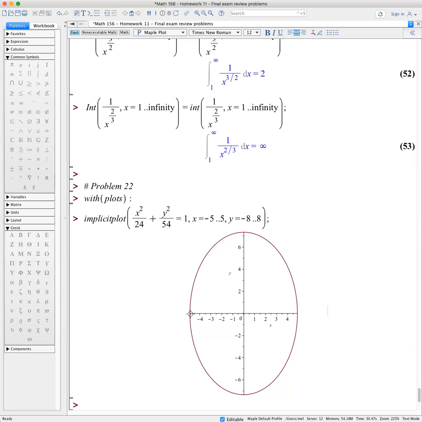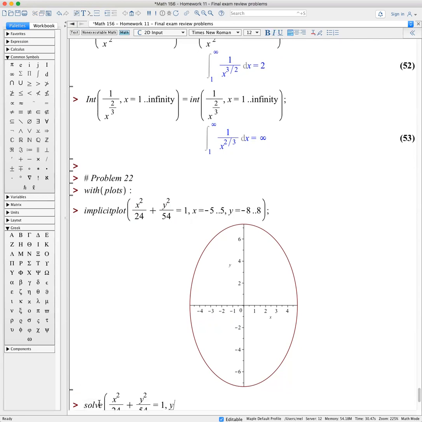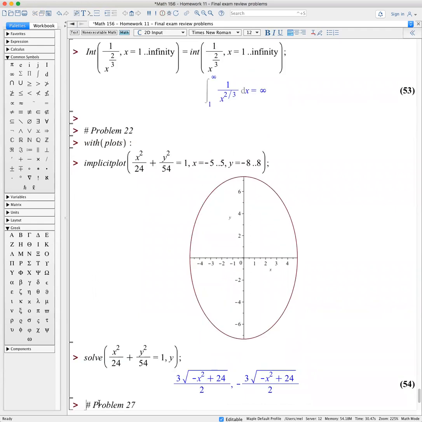So if I can write y as a function of x for the top half of the ellipse, I can integrate. So I could say, solve this equation for y. And this is the equation for the top of the ellipse.